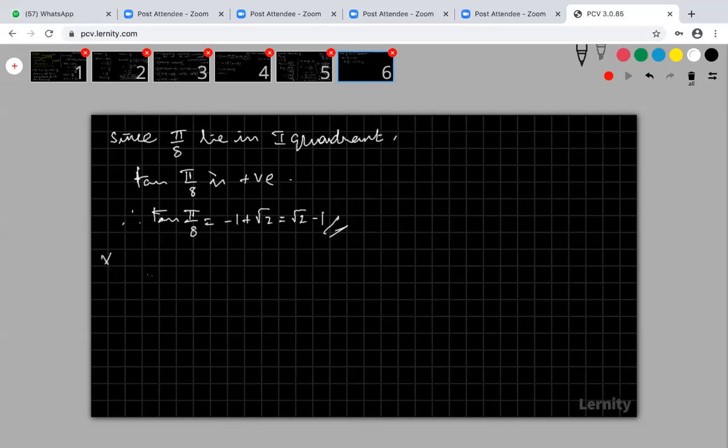If tan x is equal to 3 by 4 and pi less than x less than 3 pi by 2, find the value of sin x by 2, cos x by 2, tan x by 2.